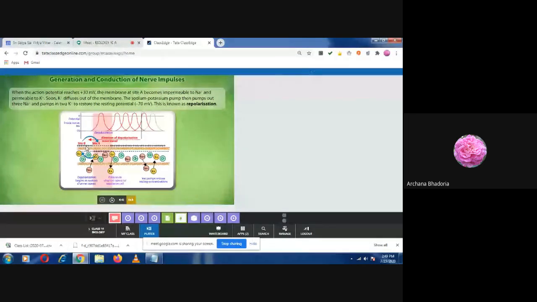So what will happen here? The process will be altered, and from site A to site B, then site B to site C, that way the impulse will be transmitted. And the site which gets depolarized will again get repolarized. So that process of depolarization and repolarization will continue.